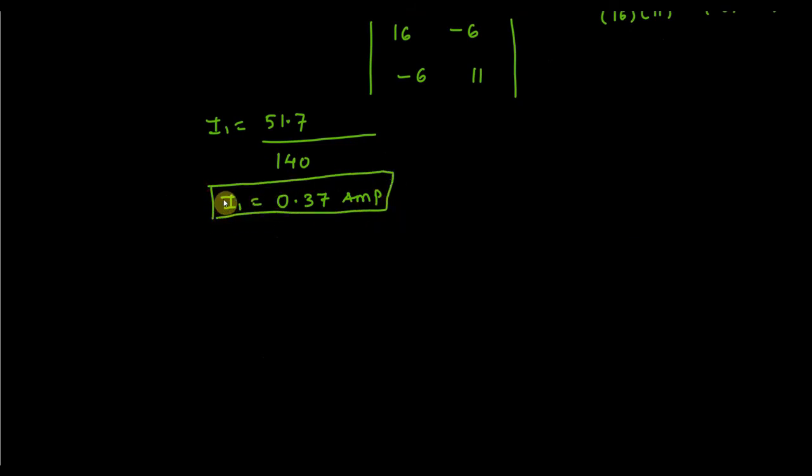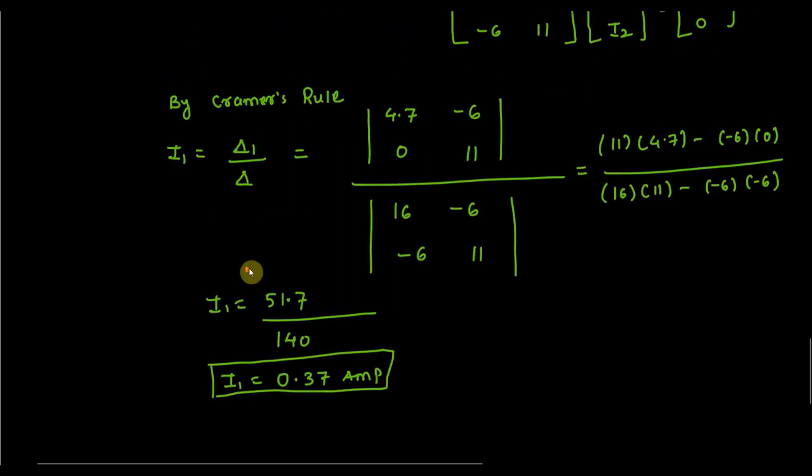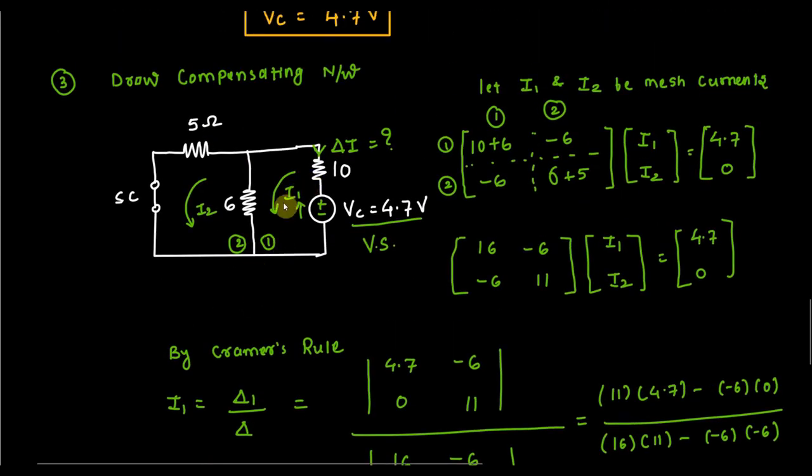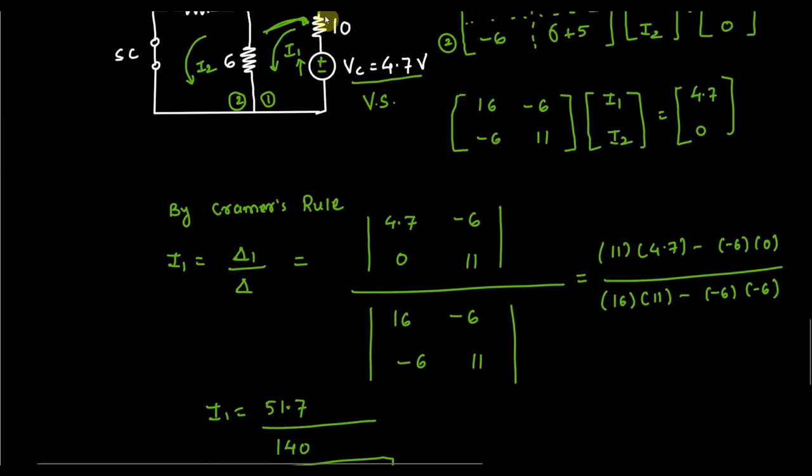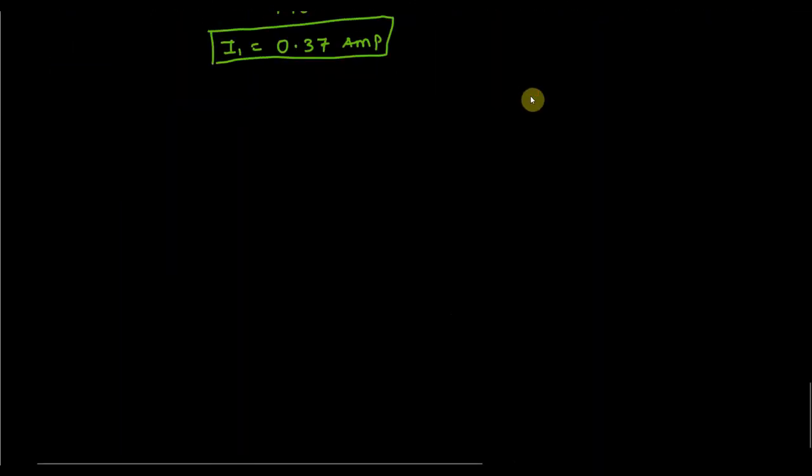But we are not interested in the value of I1. We are interested in the value of delta I. If you see the diagram, the delta I and I are the same, but you can see that this delta I is flowing in the clockwise direction, and this I is flowing in the anti-clockwise direction. So both directions are reverse. So when the directions are reverse, we can assign a negative sign here.